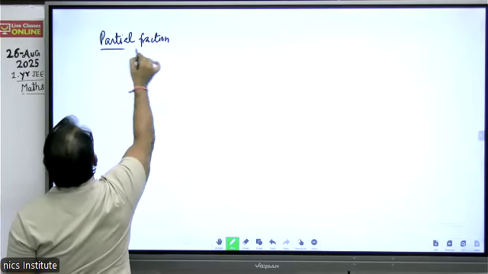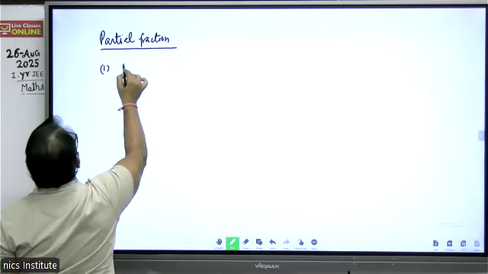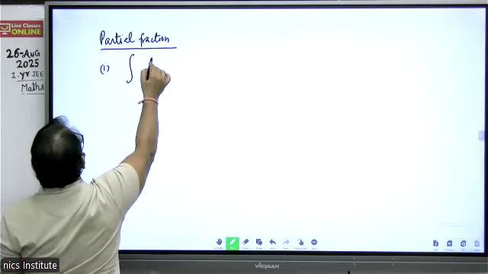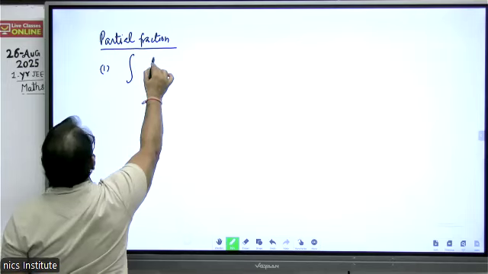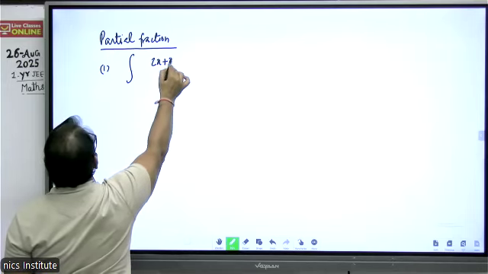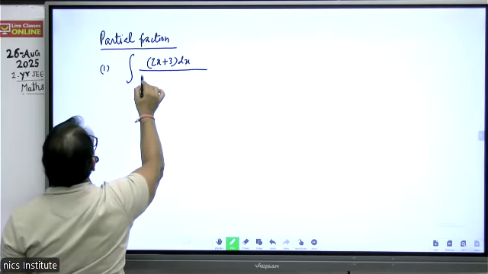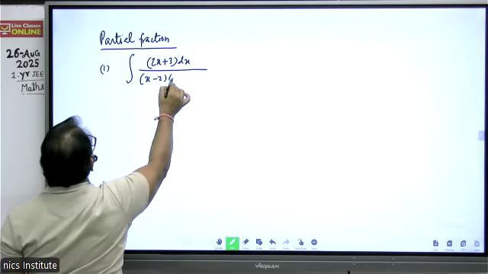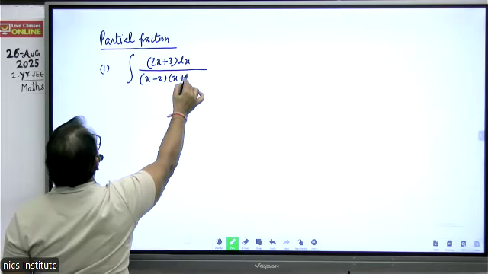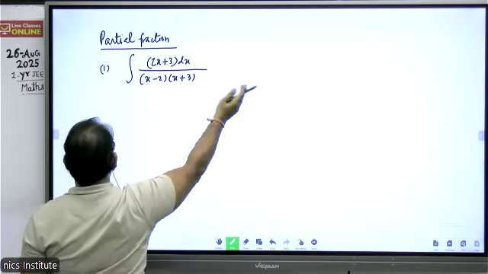What is partial fractions? Type 1. Suppose you have a linear polynomial in the numerator and some linear factors like this in the denominator. It could be another factor also.